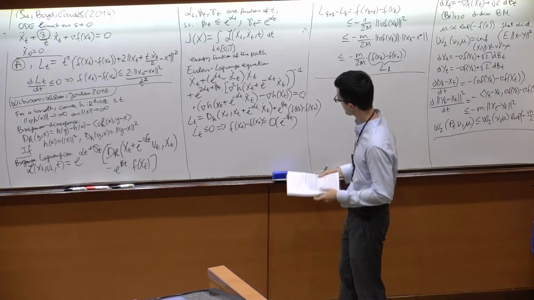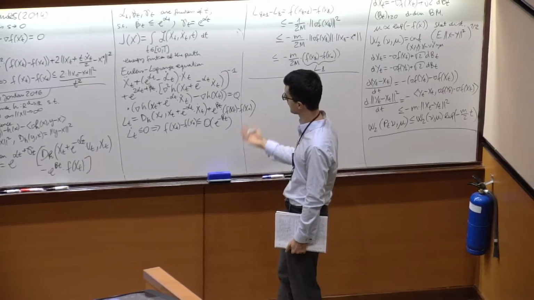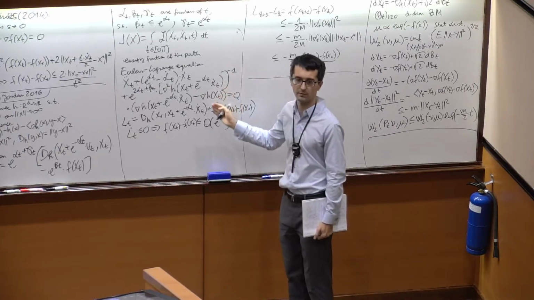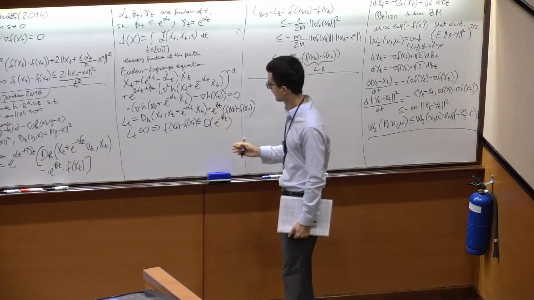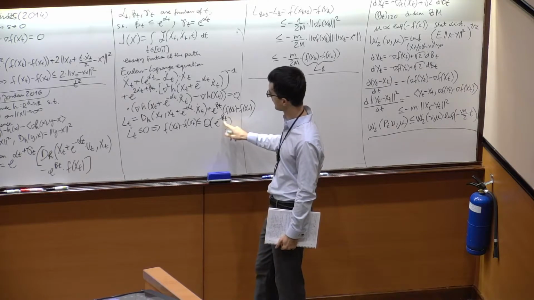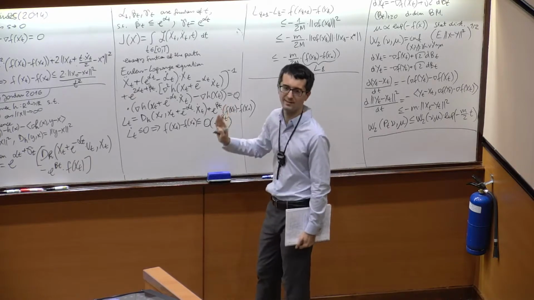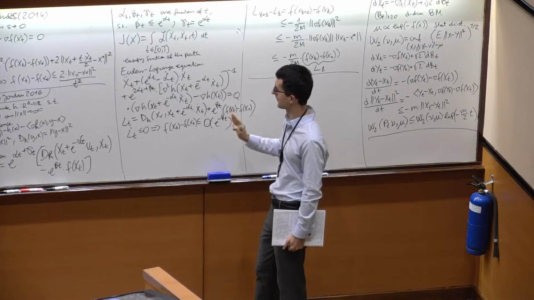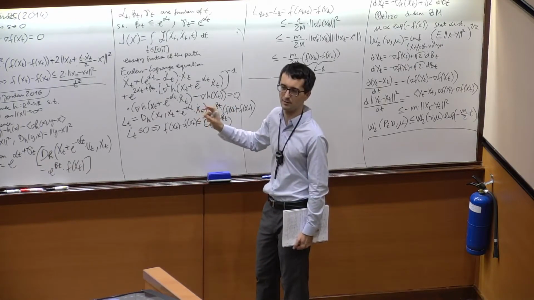Okay? So there's a general formalism here that allows you to get convergence rates of arbitrary order, but this is not saying that you can discretize it and make useful algorithms.